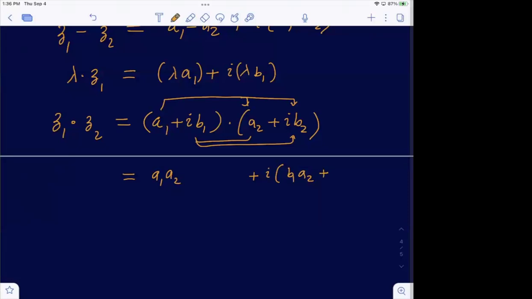It could be the other order, it doesn't really matter, it's the same component. And then the last component will be i times B1 times B2, so i squared B1 B2. When you consider i squared, its purpose is to represent minus 1.